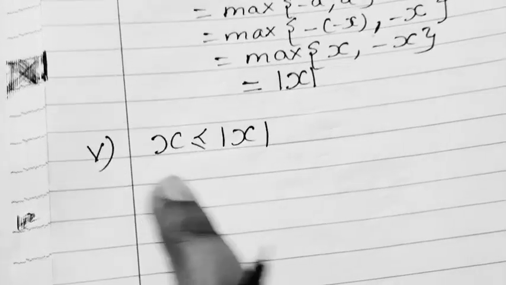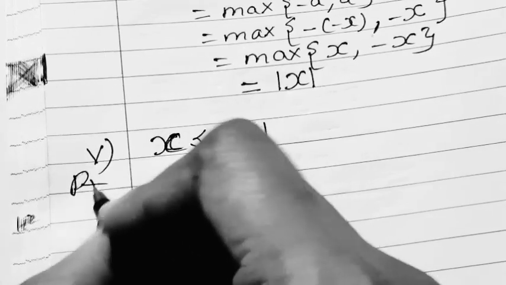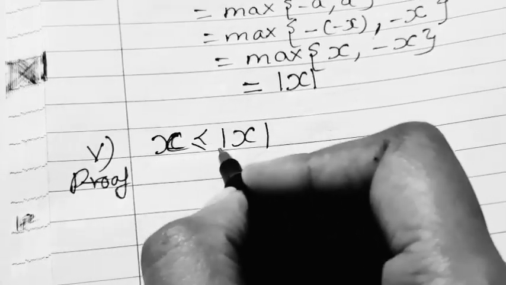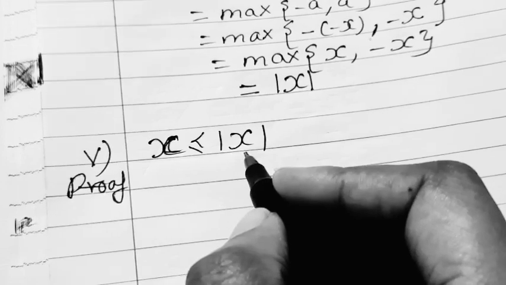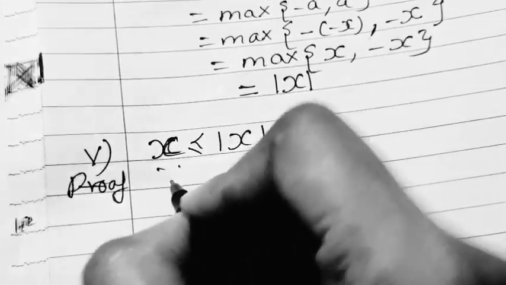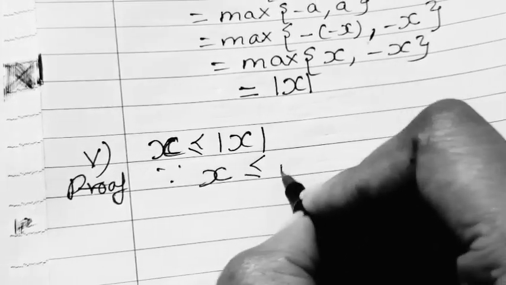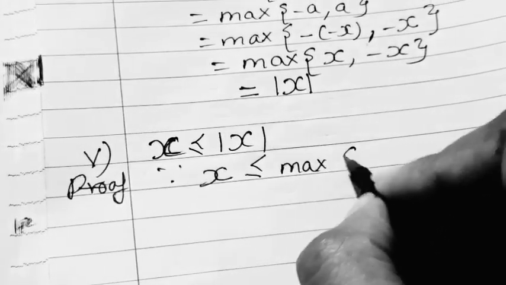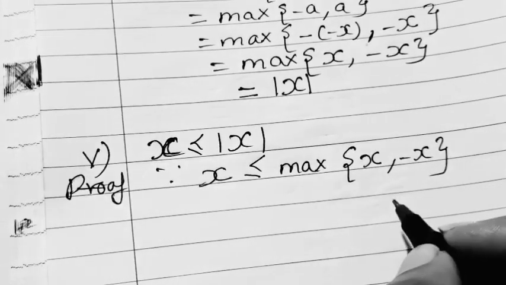Okay, now let me prove this. Proof: x is less than or equal to modulus of x. Now we know that x is less than or equal to the maximum of x comma minus x, right?